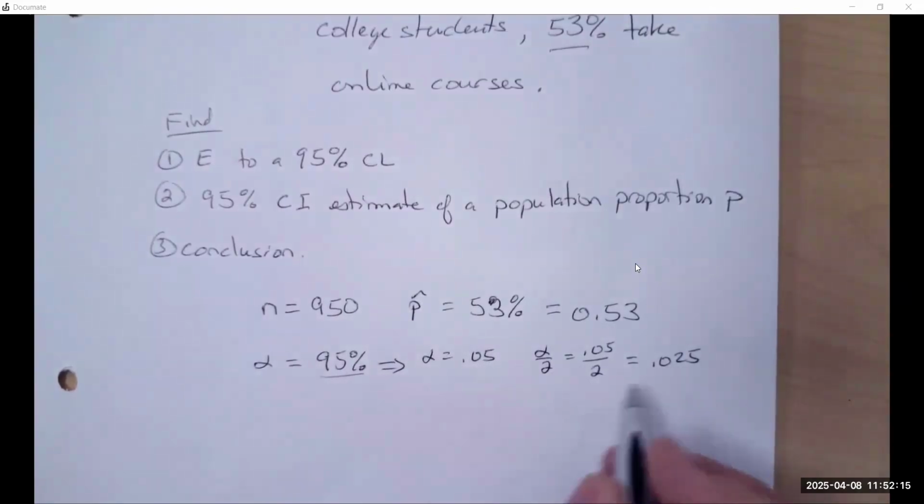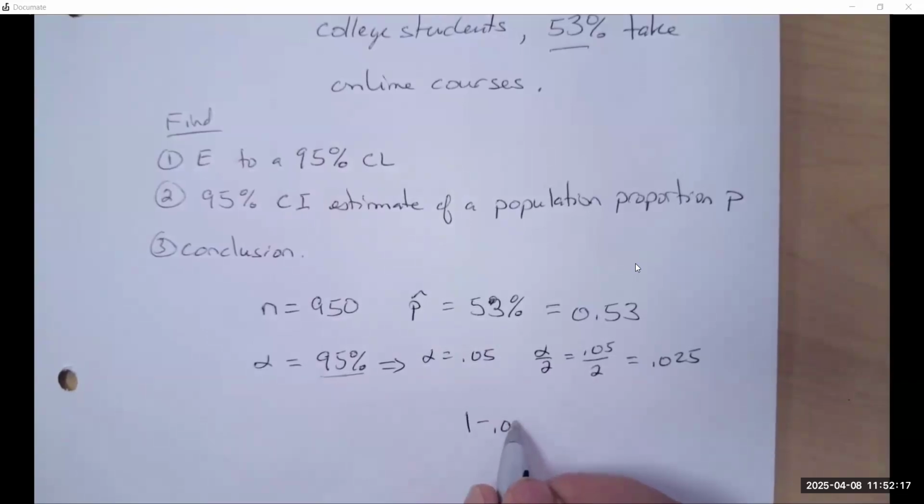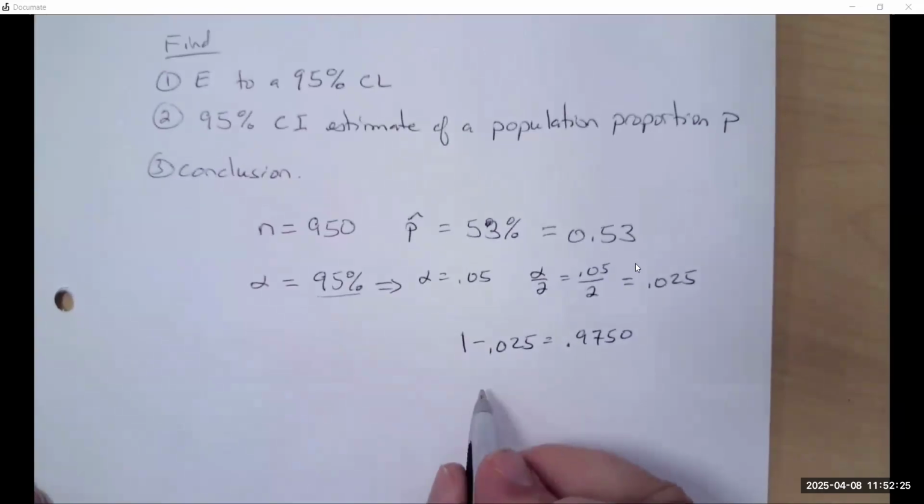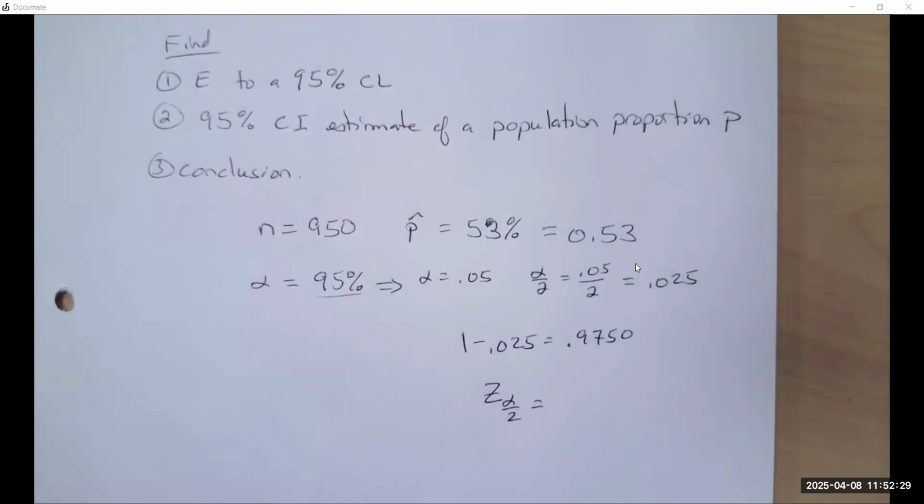What do we do with this number? 1 minus 0.025 is 0.975. So that will give us our z-score, which we did already. Where did we say it was? Was it 2 point?